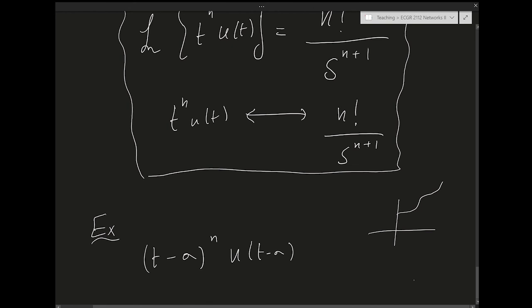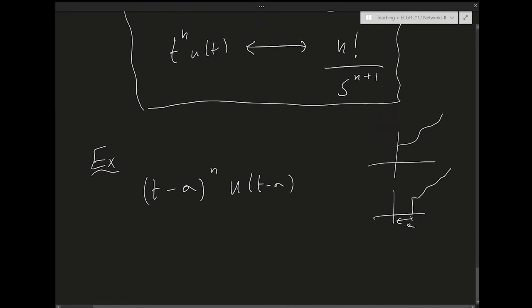So it should look like this, a shift by a. If I just do (t minus a)^n u of t, this is not time shifted by a, because the t inside the u of t is not also time shifted along with the function of t.